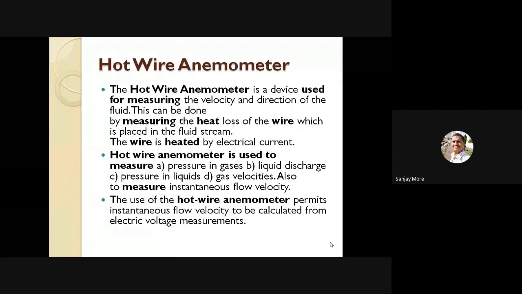Okay. So give the heading hot wire anemometer.